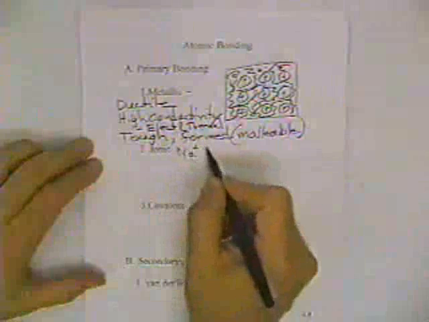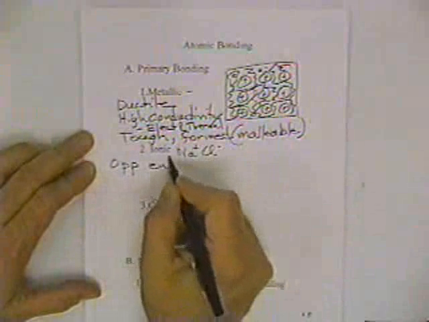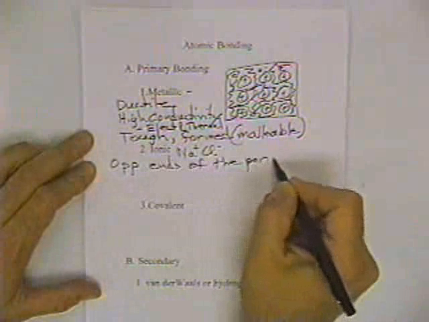The second type of bonding, which is very important, is ionic bonding. The classical case of ionically bonded materials would be sodium chloride. Ionically bonded materials are from opposite ends of the periodic table.